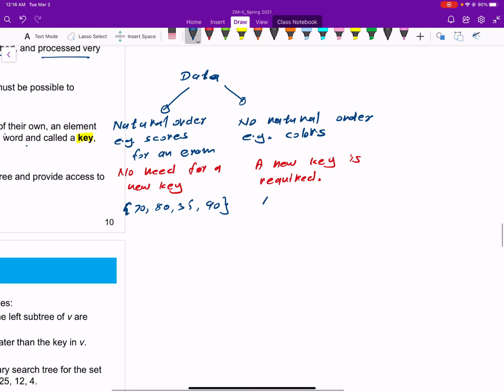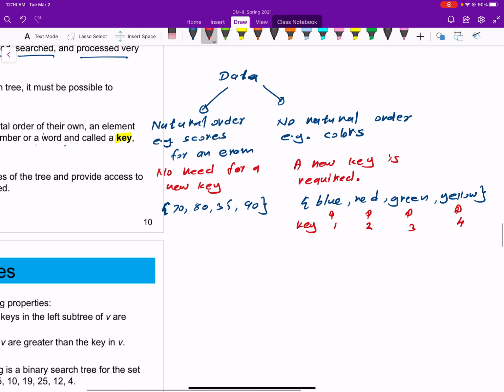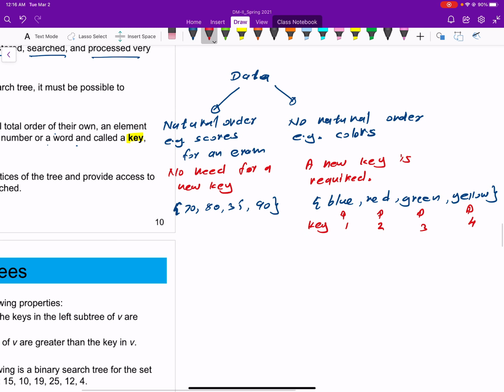Here the colors: you have blue, red, green, yellow. Now we assign numbers for each color. Now this is the key. So we use 1 here, 2 for that, 3 for that, 4 for that. Now we assign a key. A key can be used to call any color in this list.